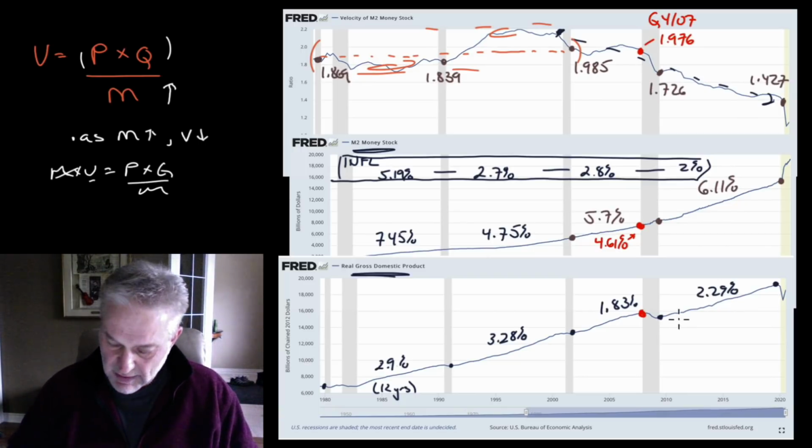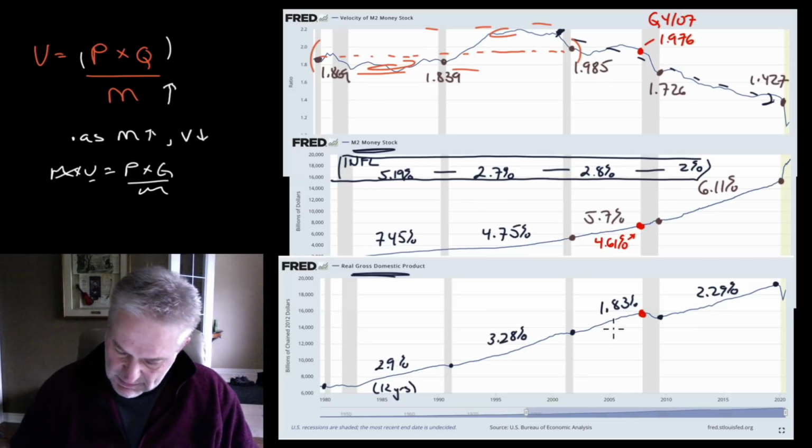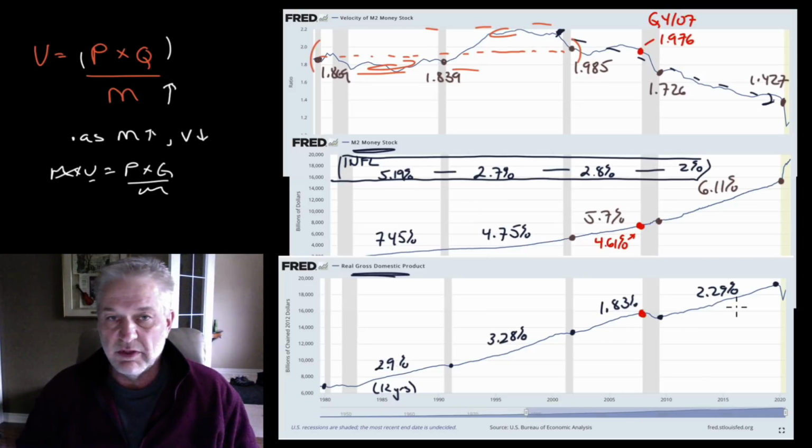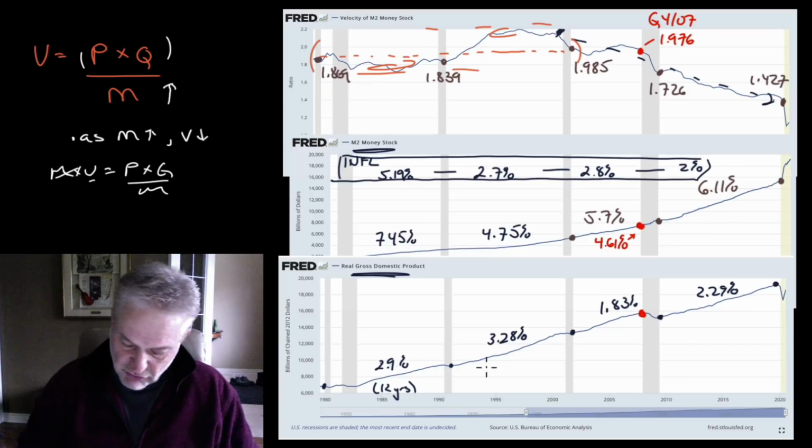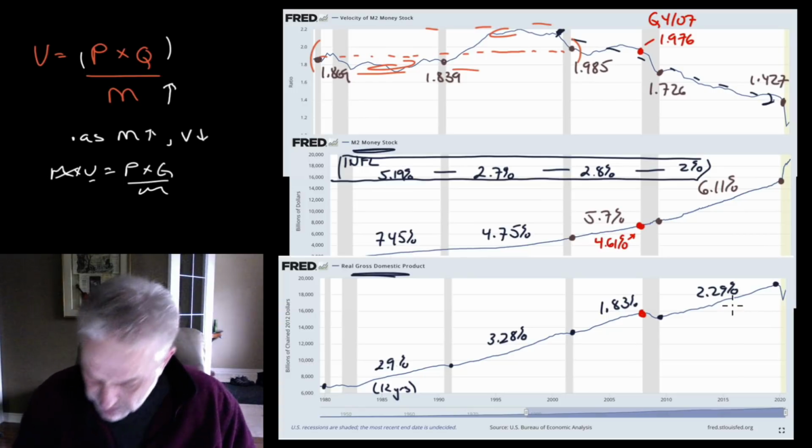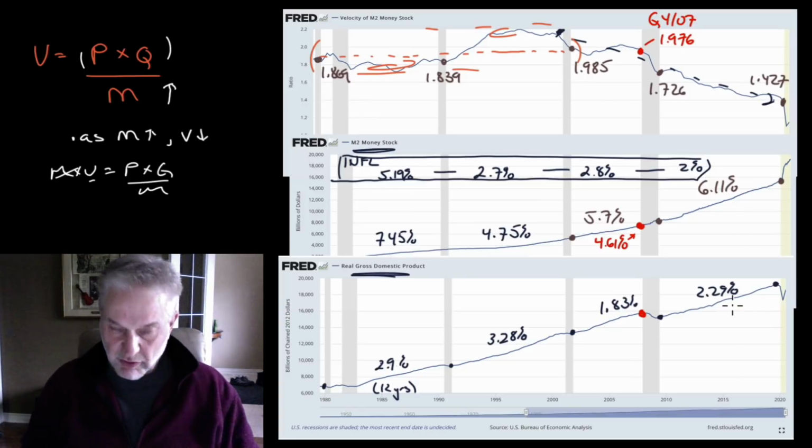Velocity is dropping. We can see that real GDP is increasing. Q here is increasing. It has increased in every decade. The 80s was 2.9. The 90s was great, 3.28. Then you had 1.83 from 2010 to 2019, 2.29 or 2.3%.